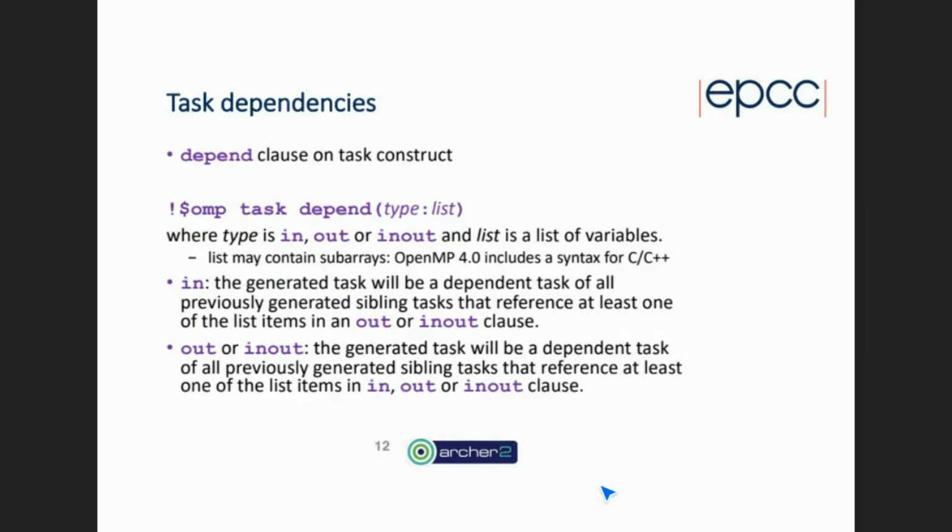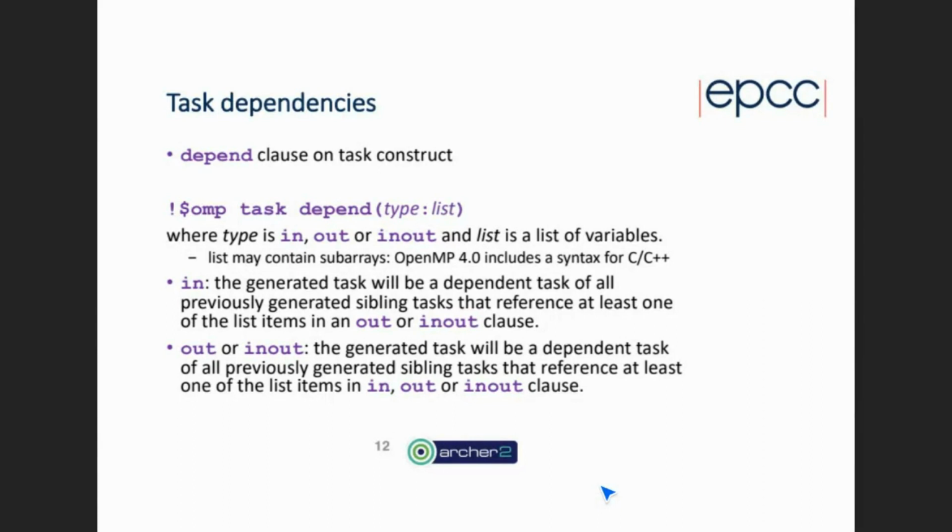And then there's also task dependencies. So this allows you to specify ordering constraints between tasks. Normally when we generate normal tasks, we're basically saying that the tasks can be executed in any order.